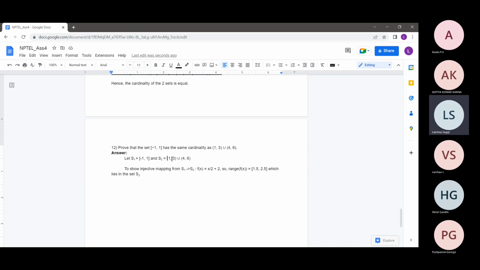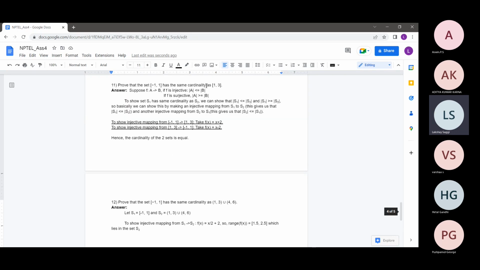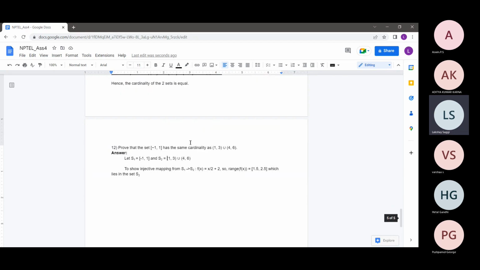Even though S2 is open at 1 and 3, the values 1.5 and 2.5 are actually included, right? If instead we had taken the function f of x as x plus 2, that function would have been incorrect, because at -1 the function would have taken the value 1. But here 1 is open, so we can't have the value 1 in the range of the function. I hope I'm making sense to you guys, and that explains why f of x equals x plus 2 would not have been valid here.